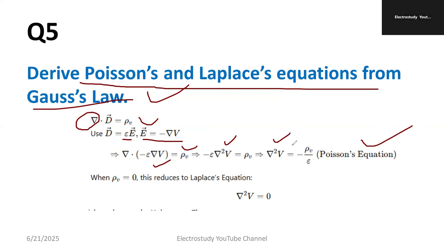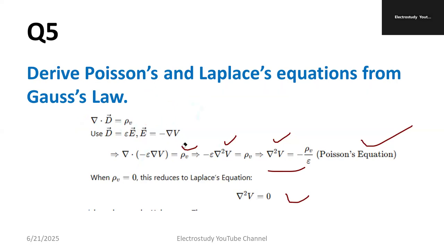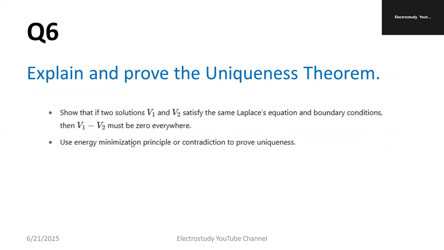Remember, this is Poisson's equation. Also, if we put rho V equal to 0 in Poisson's equation, you can derive the Laplace equation. If rho V is equal to 0, this equation is known as the Laplace equation. So please understand, this is very important and pretty simple. In textbooks, they have elaborated to a certain extent. If you want, you can use that content, else you can go for the textbook as well.